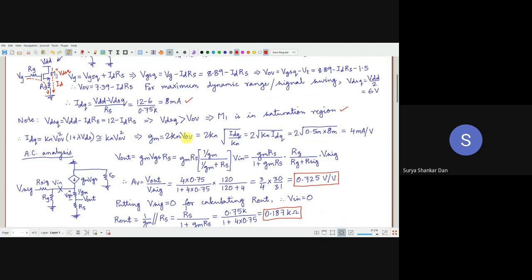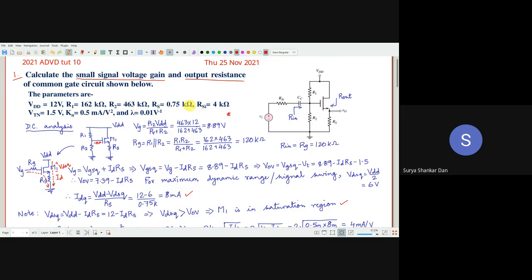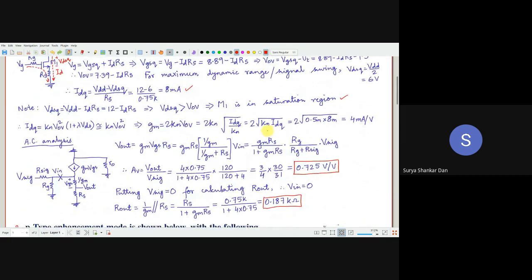Remember, VOV also has this 7.39 minus IDRS. We can actually use IDQ over here and find out the value of VOV. Instead, let us use a simple formula in terms of IDQ. I have simply replaced VOV with root over IDQ by Kn from this formula. So that means gm essentially becomes twice root over Kn IDQ. Instead of Kn, I'll be putting the value which is provided in the problem here.